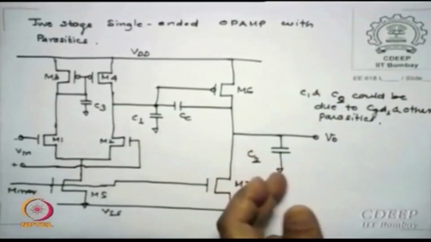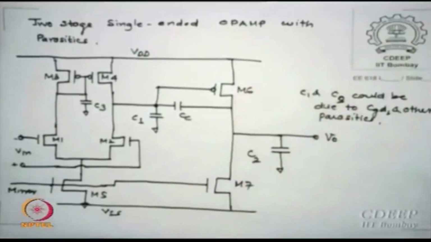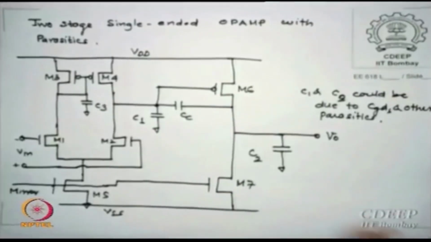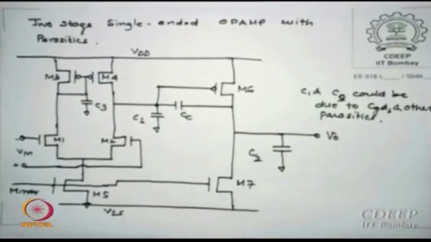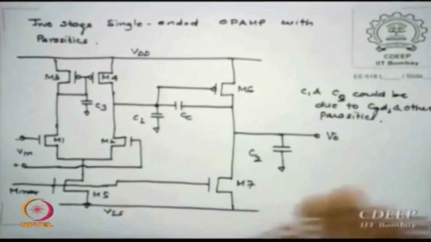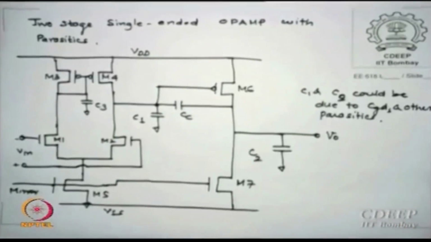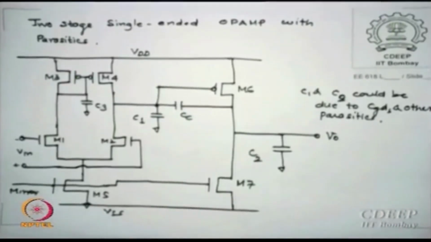In the same way I have said C2 also has all the capacitors plus any external capacitor. There is an issue: if this C2 is a function of the external load, you have a problem. What is the problem? Whenever something else is connected, I will have to redesign, and in a chip nothing can be redesigned. As of now we will think C2 is known and does not vary. How do we get rid of this?